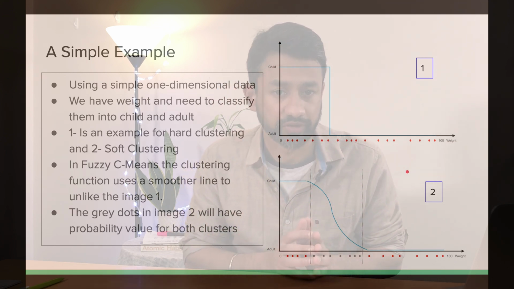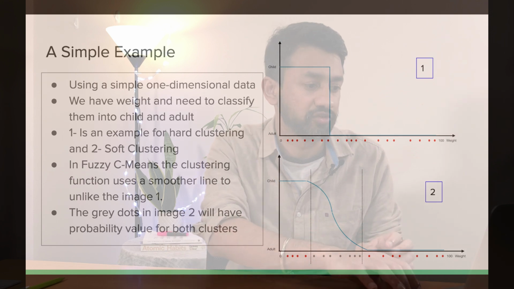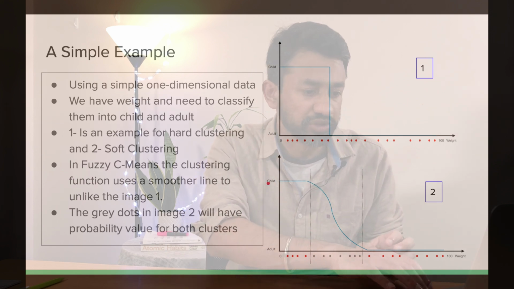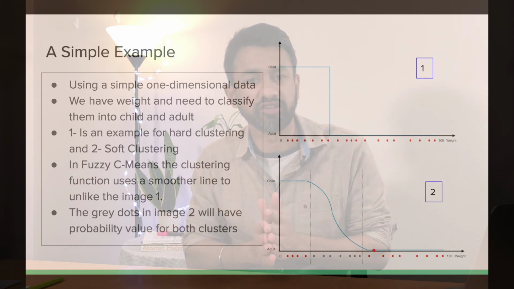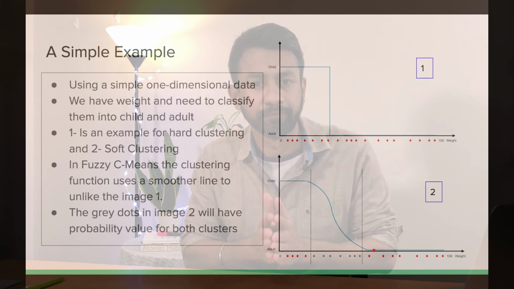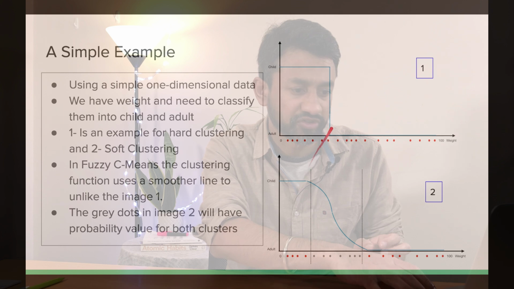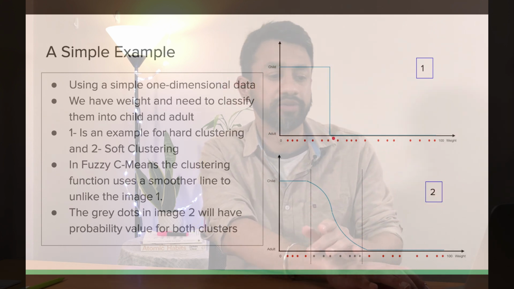In the case of soft clustering, as you see, there is a smoother line between the child and the adult. There is a transition. It is not a vertical line; we don't strictly classify that any data point until here should be a child and anything over this should be an adult.